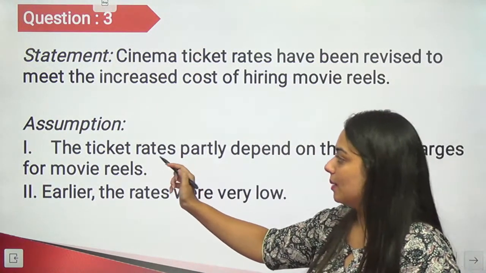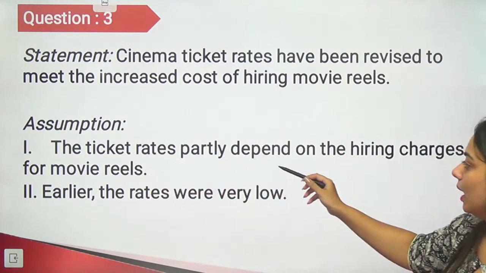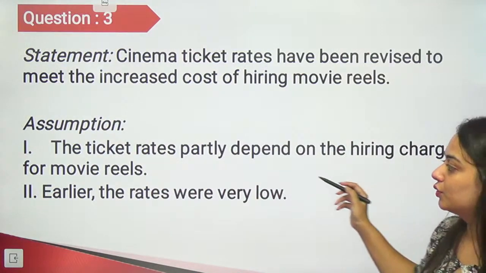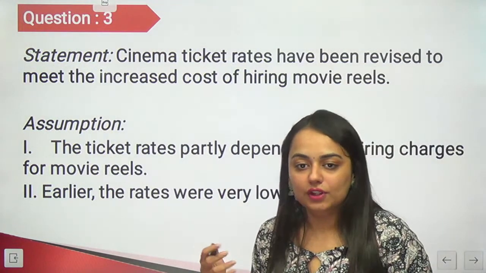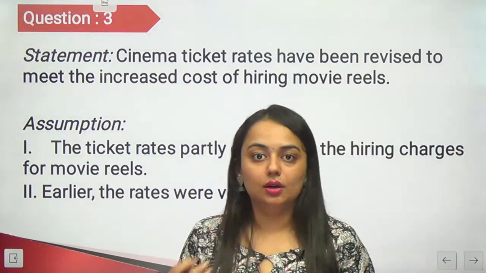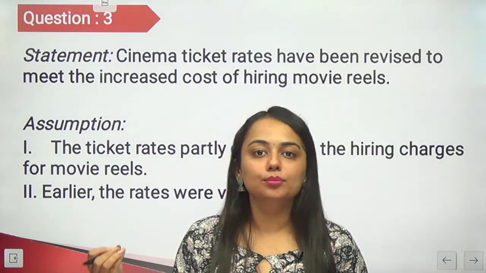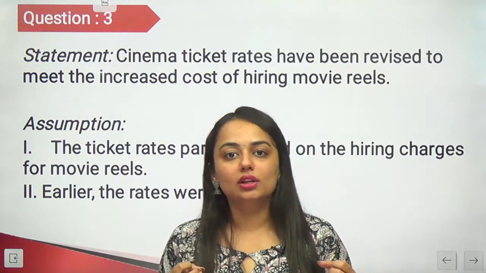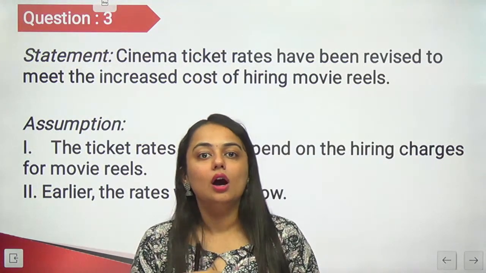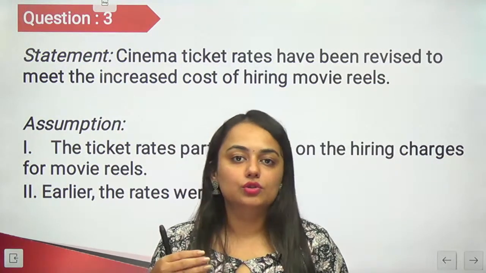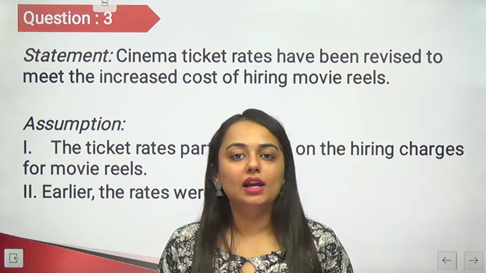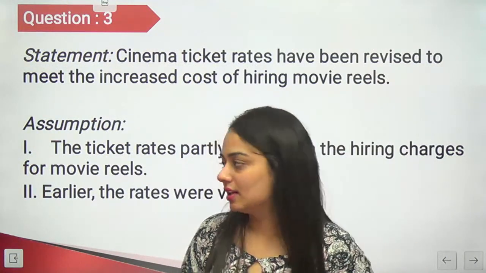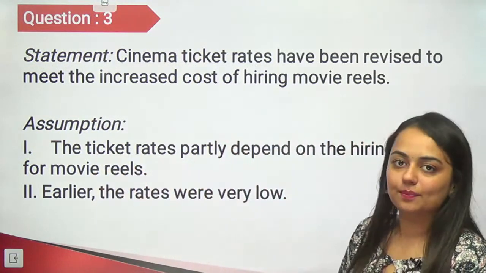So the assumptions are: the ticket rates partly depend on the hiring charge for movie reels. Yes, of course, because if the cinema is investing more on hiring the movie reels, it has to earn that much revenue so that it doesn't incur losses. So obviously it will be done by increasing the rates of the tickets. So yes, the first statement is implied.